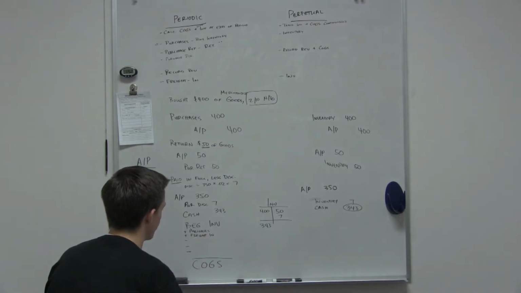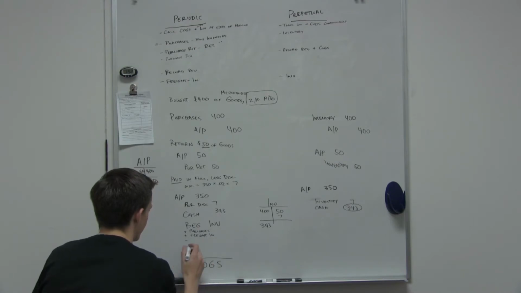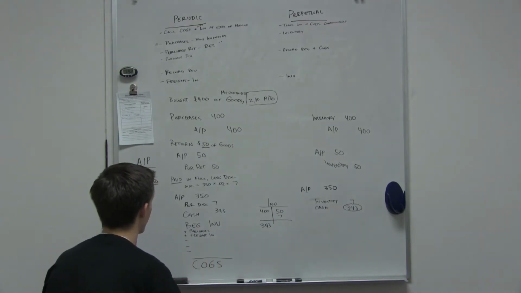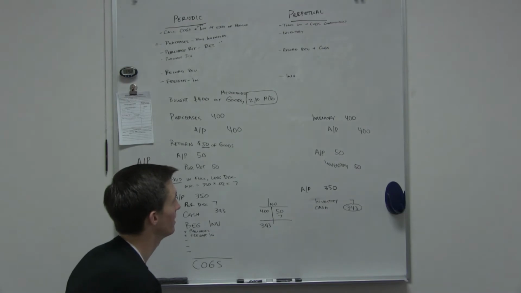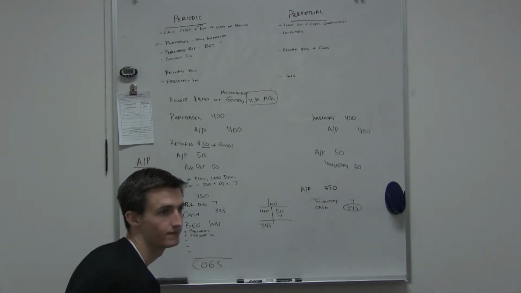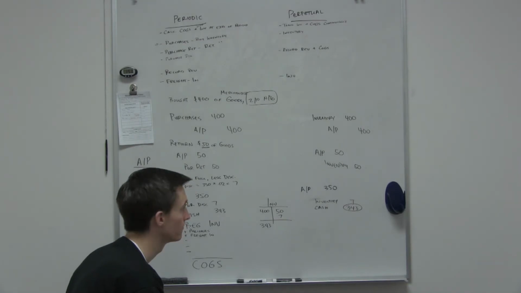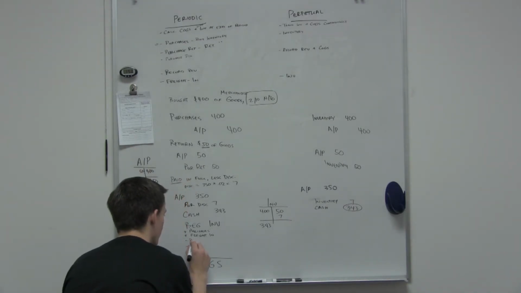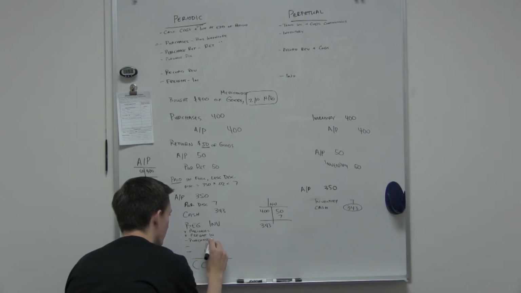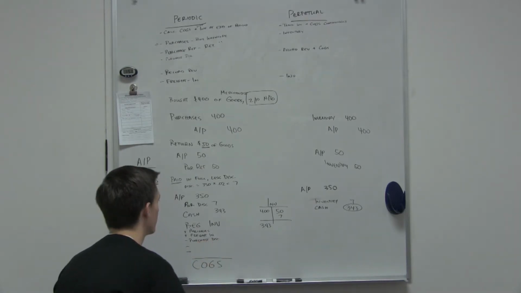Okay, and then we're going to subtract. What made inventory go down over here? Discounts. So let's subtract purchase discounts. Okay, what else made it go down? Returns and allowances.